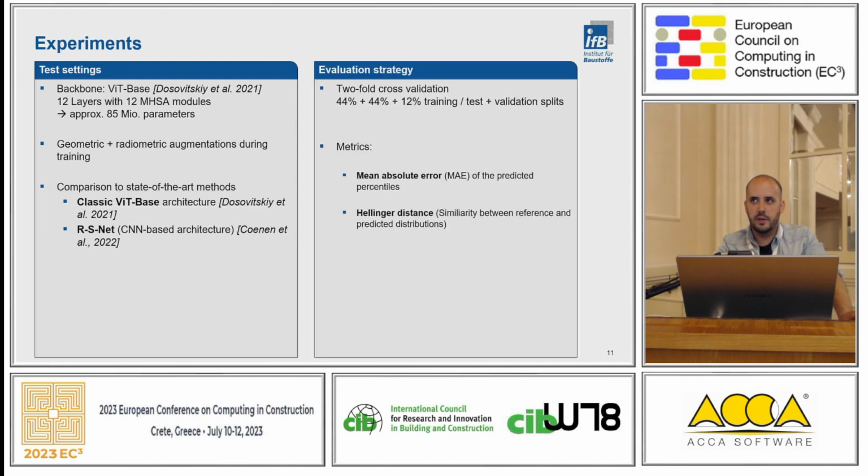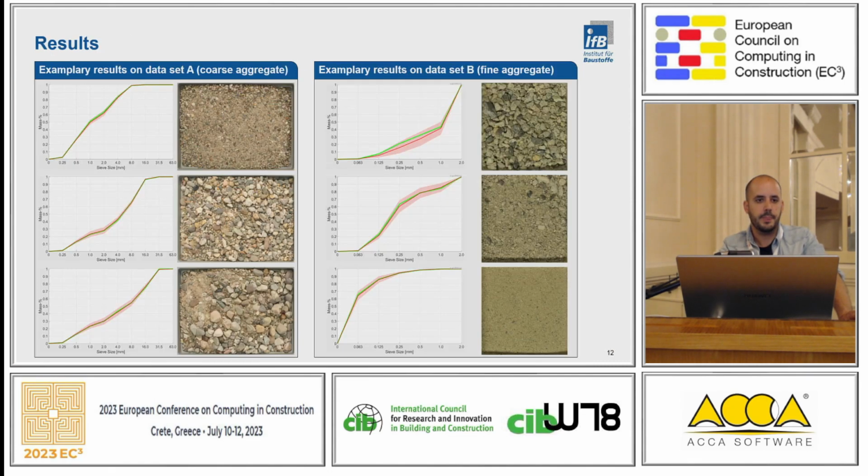Yeah, for evaluation, we split the data sets in three parts for training, testing, and validation, respectively, and we performed a twofold cross-validation. And in this work, I'm going to present as metrics the mean absolute error for the predicted percentiles and the results for the Hellinger distance, which is a similarity measure between the reference and the predicted distributions.